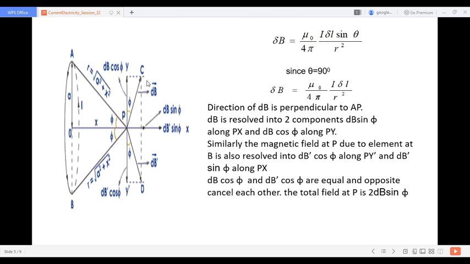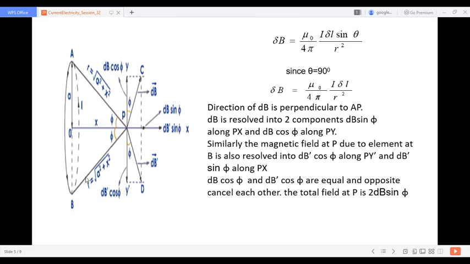This magnetic field dB bar is making an angle phi with the vertical, that is PY. So we have to resolve this dB bar into two components, that is dB cos phi along PY and dB sin phi along PX.